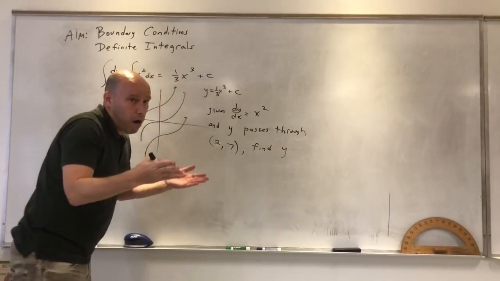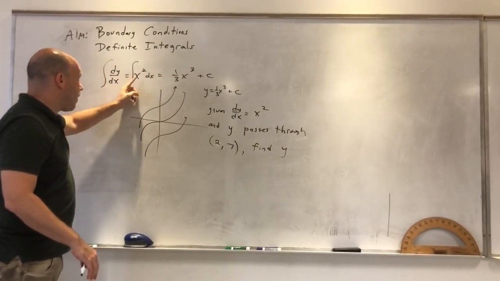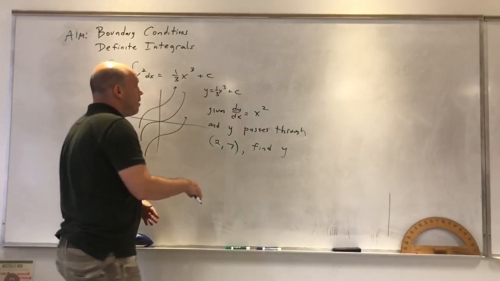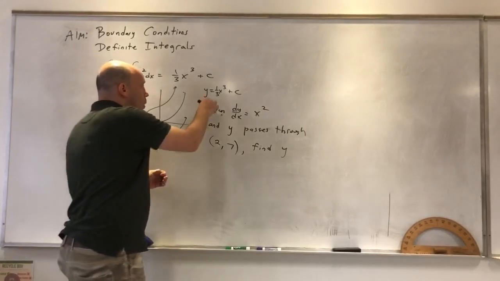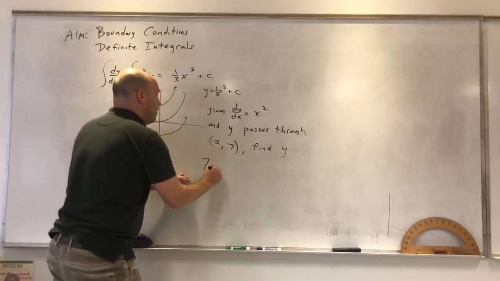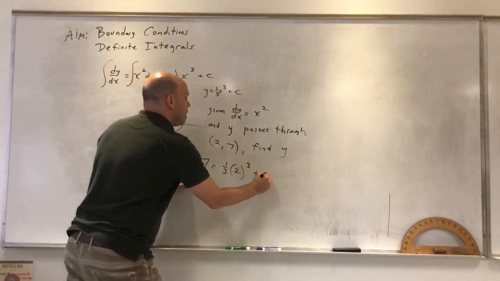You say, okay, I have my derivative. Therefore, I integrate. I have 1/3 x cubed plus c. So y equals 1/3 x cubed plus c. I have 7 is equal to 1/3 times 2 cubed plus c.